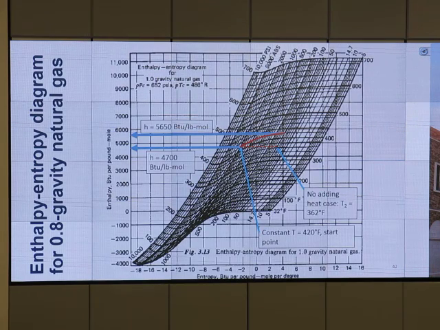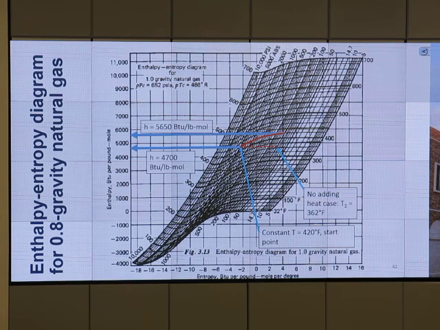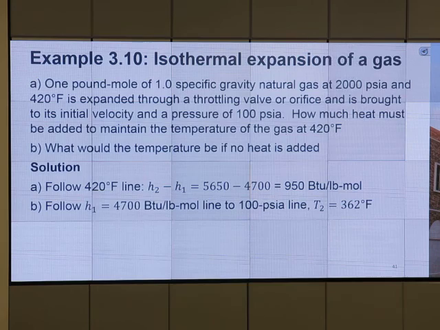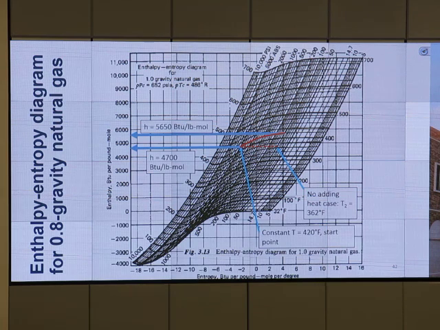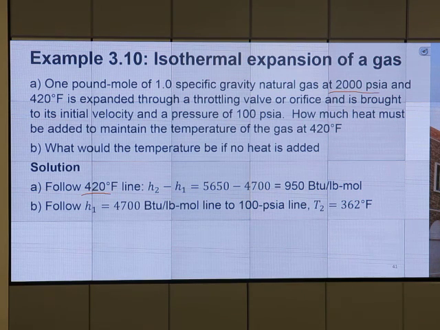So you use the line. So this time you do the same trick. Okay, use the chart. Follow the 420 F line. You don't want temperature to drop, right? So this is the constant temperature thing. We start at the temperature of 420 F. 400 is over there, 420 is there. So we move along, you see that red line? That is the constant temperature line, okay? And we try to expand from 2000 psia and go to 100 psia.